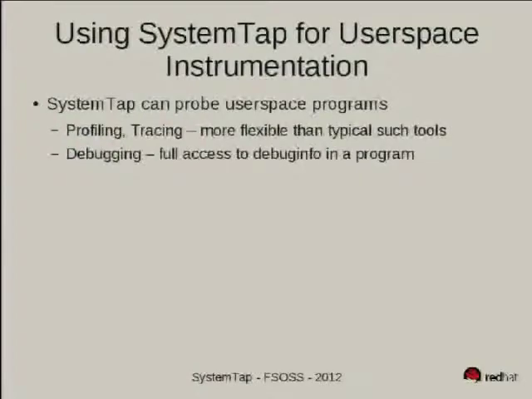We can examine the internal variables and data structures of the program by name. And from any given context, we can obtain a backtrace of the function call sequence that led to that context. In general, any information that we can access using a debugger, we can access using SystemTap.